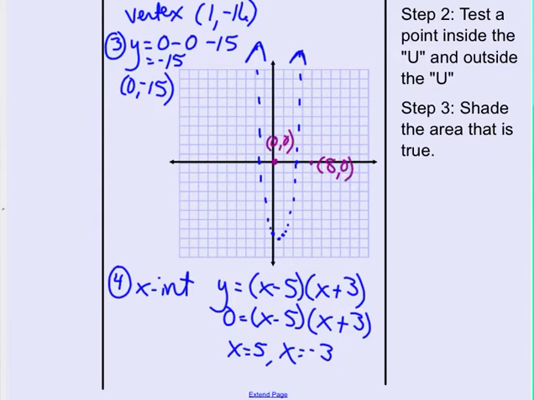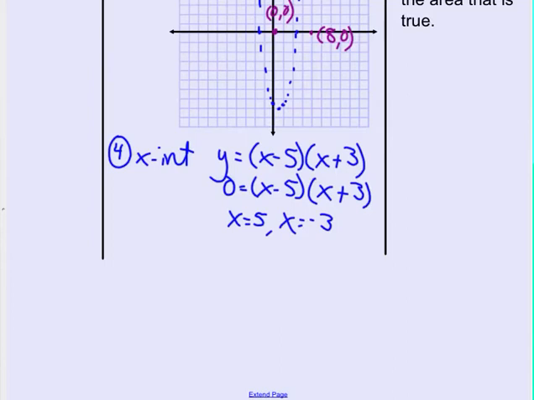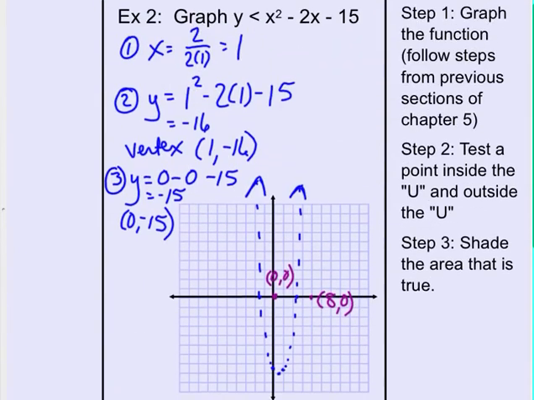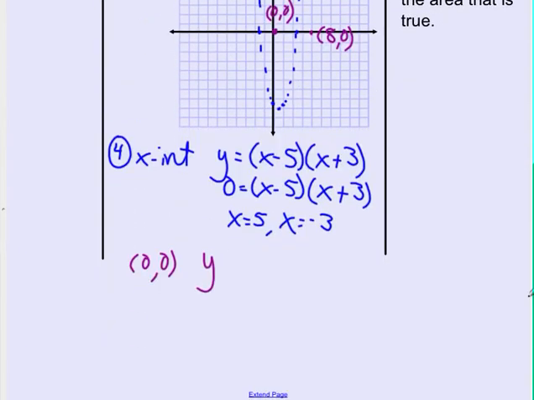So substituting those into the function, I had y is, forgot the direction, less than. I'm going to write it down quick so I can see it again. So substituting 0 in for each of these. Is 0 less than negative 15?